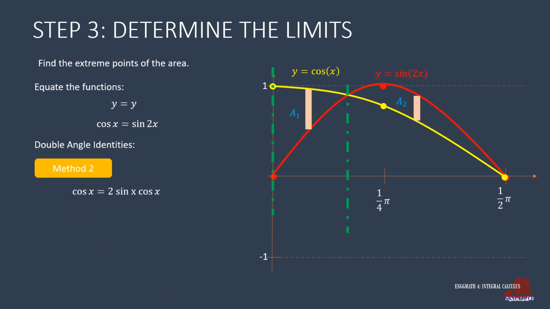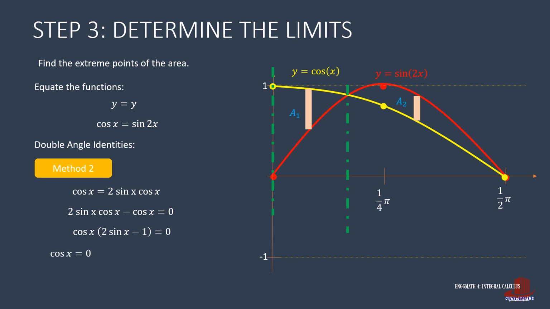The other method to simplify the equation is to transpose cosine x to the other end and have 2 sine x cosine x minus cosine x as 0. Extract cosine of x and get cosine of x times 2 sine x minus 1 equal to 0.